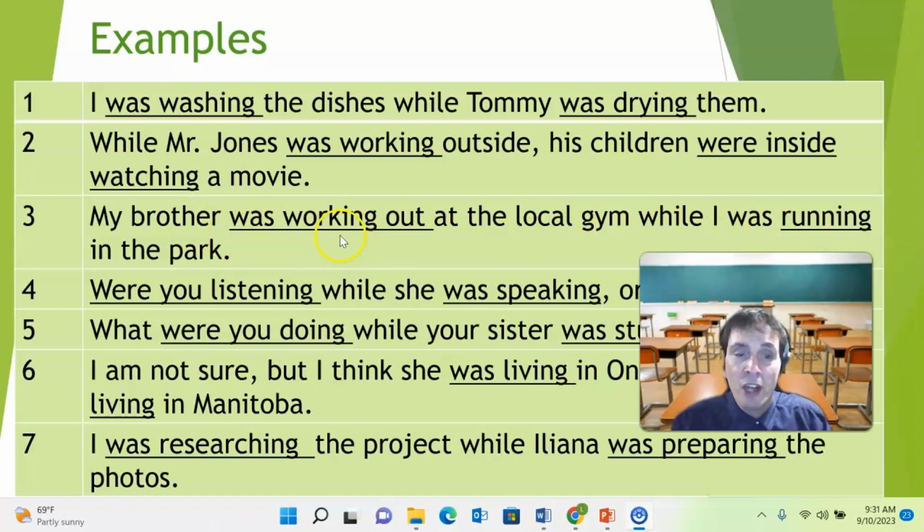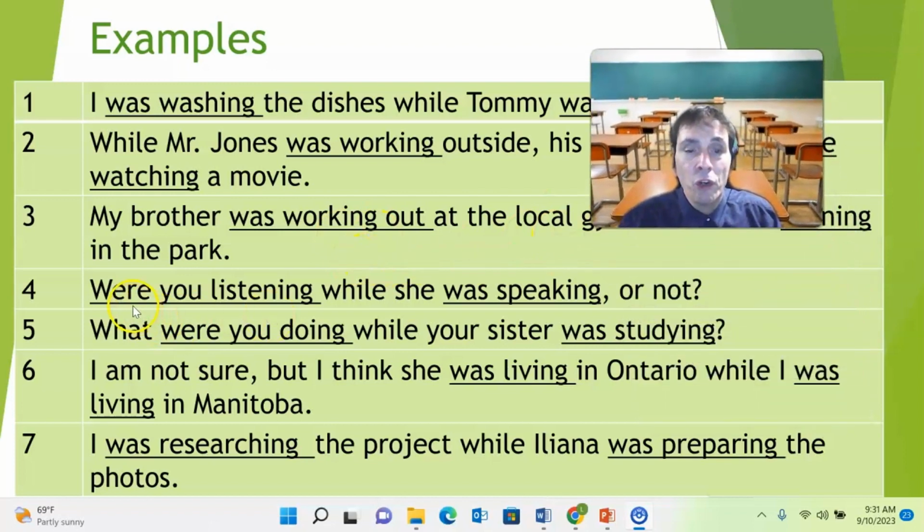I was running in the park. Were you listening while she was speaking? What were you doing while your sister was studying? I am not sure, but I think she was living in Ontario while I was living in Manitoba. I was researching the project while Ileana was preparing the photos.